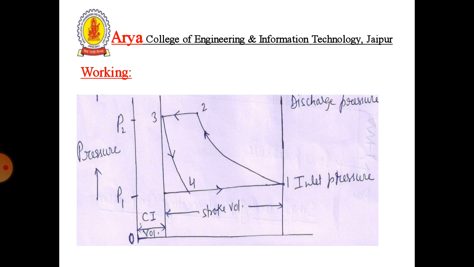The working of the reciprocating compressor can be shown on a PV diagram, in which we have point 1, that is the inlet pressure. At point 1, the suction valve is opened and the discharge valve becomes closed.